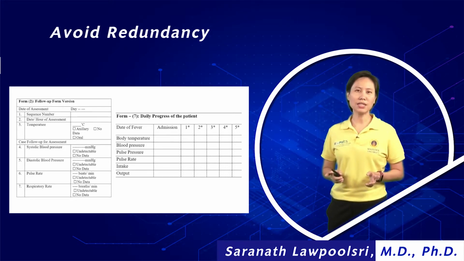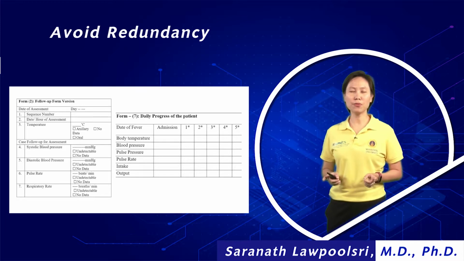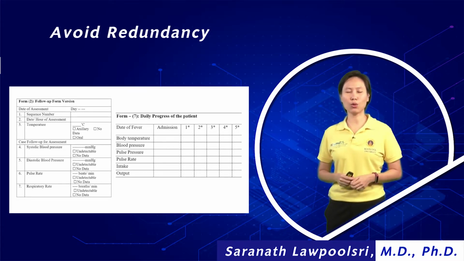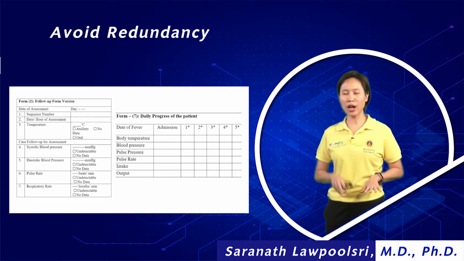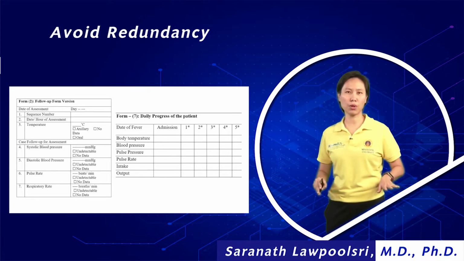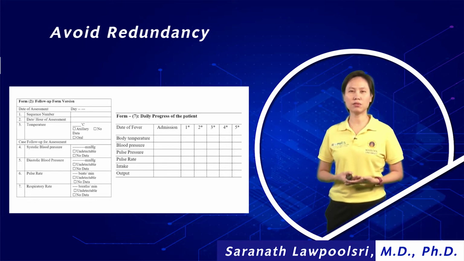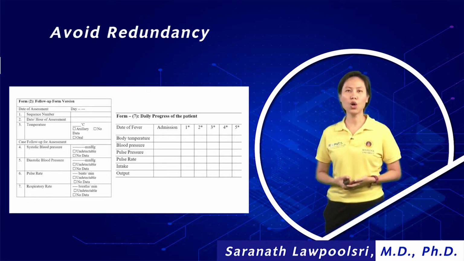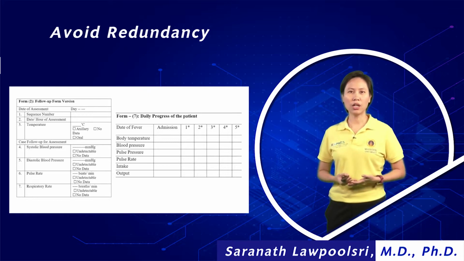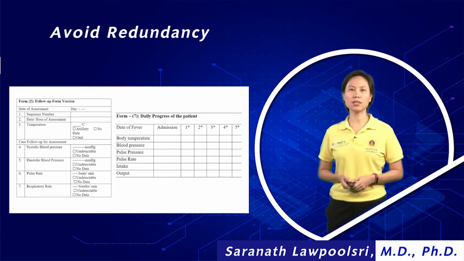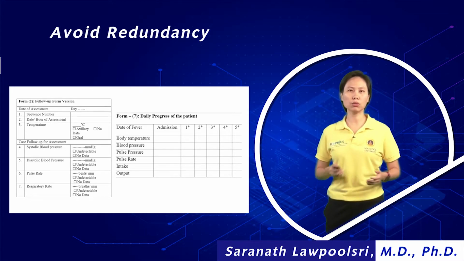The problem is, what happens if people collect the data wrongly? One page has one number, another page has another number. When you check the data, you see inconsistency of the results, and now you have to go back and check what is the real information at admission date. So, try to avoid redundancy. It will reduce the workload and also reduce the human errors on data collection as well.